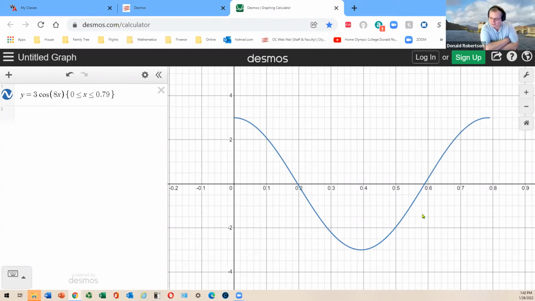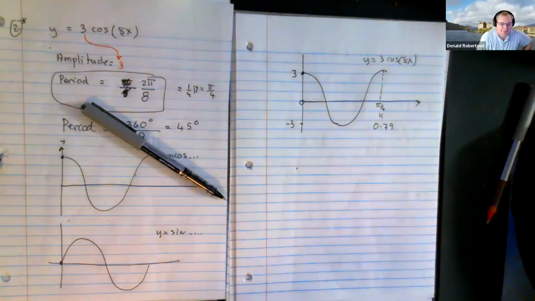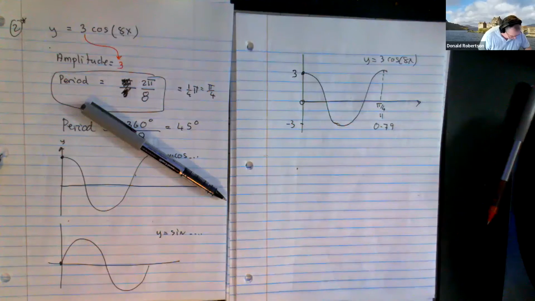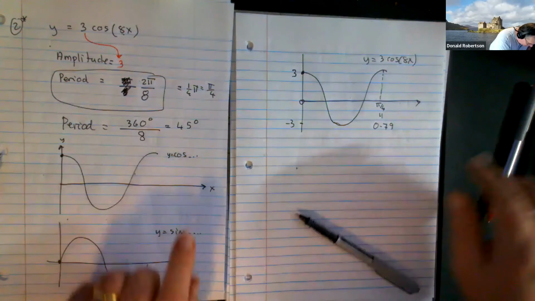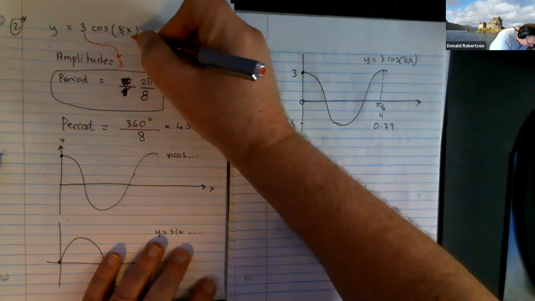So you see my formulas do work, don't they? That is cool. Now I know how to do that. Thank you. So if you wanted to find the amplitude and period of a function, the amplitude is this number, and the period, you get it by dividing by that number.